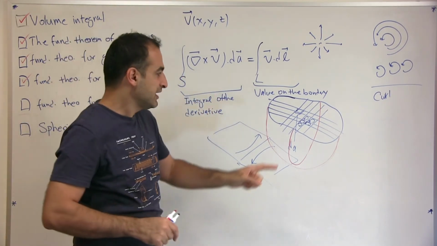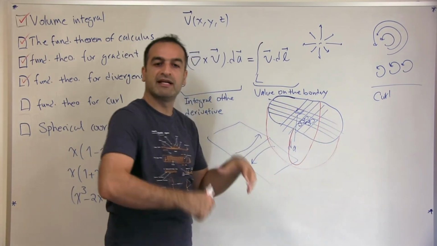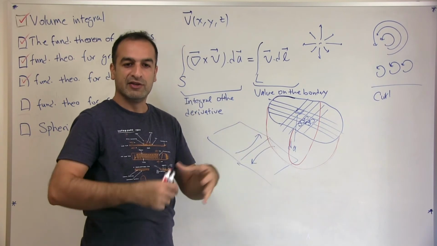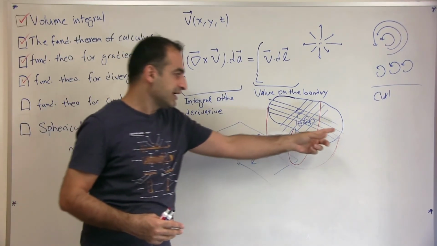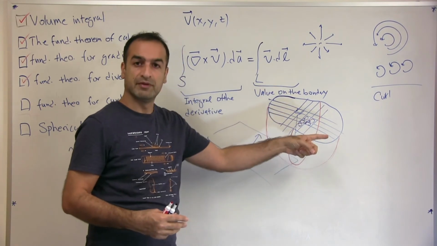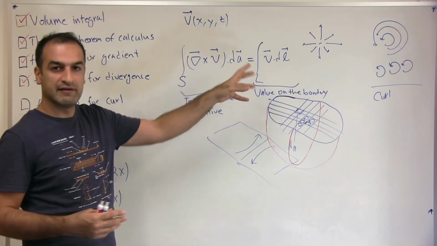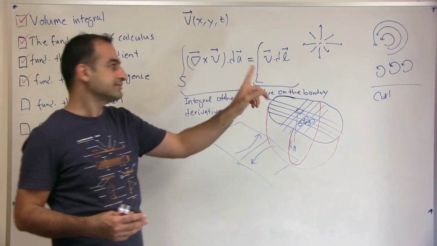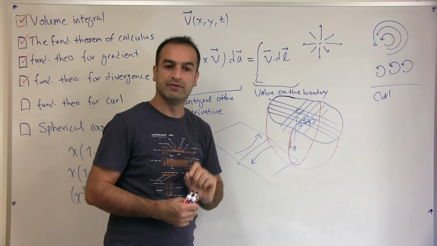You can have a small loop but a very big area, and you can make an infinite number of choices for the area that covers this loop. For any area, the result of that integral is going to be the same, equal to the line integral of the function over the loop.